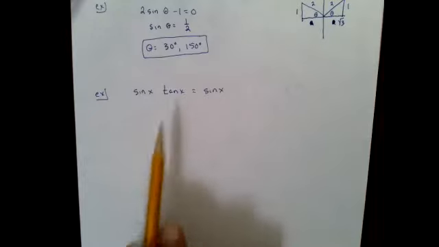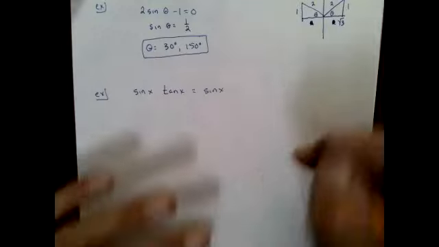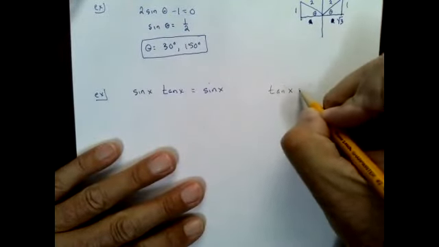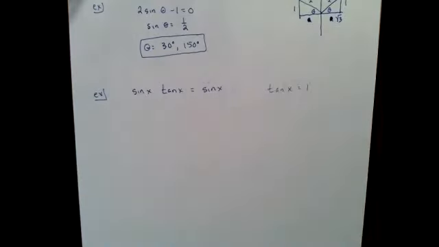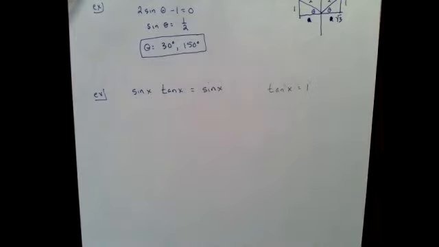One of the things I might want to do here is divide by the sine. And if I did, I would be left with tangent of x equals 1. Then I'd go through and figure out where does the tangent of x equal 1. Again, these should be theta, but the author does x, and I don't know why. Still an unknown.